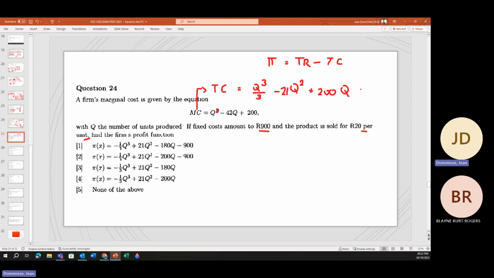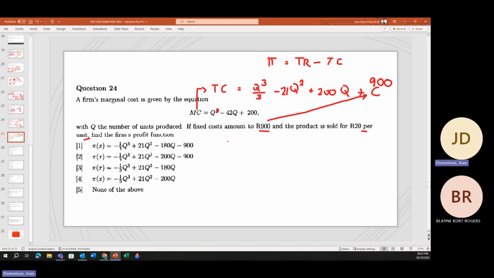Normally we would say, remember, plus C. In this instance, they tell us that C is 900, so we need to add that 900 into the formula. And then they tell us 20 Rand per unit will be our total revenue.